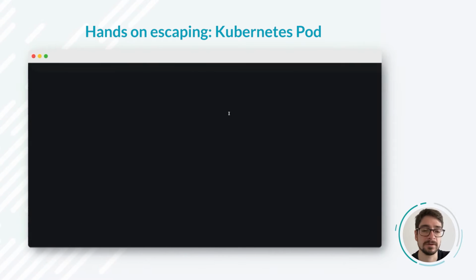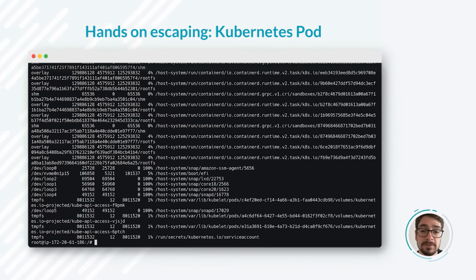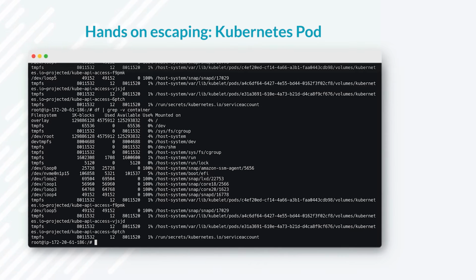If we do a df, we can see all these file systems mounted, but we can see some subpaths from host systems that shouldn't really be there. We can also see the service account token mounted on this container.